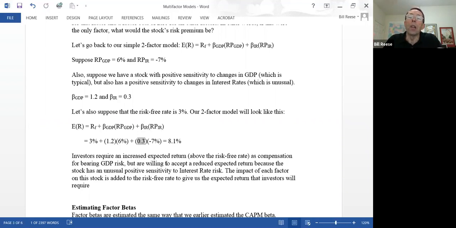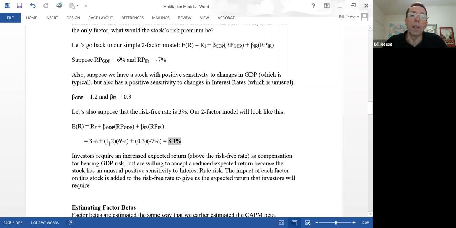It's going to have low correlations with the other stocks, and it's going to bring down the standard deviation of the portfolio. So if they like having them in there, then they are willing to accept a lower rate of return. And so that's why the 0.3 times the -7 is going to be a negative component that is going to end up having a lower expected return than it otherwise would have.